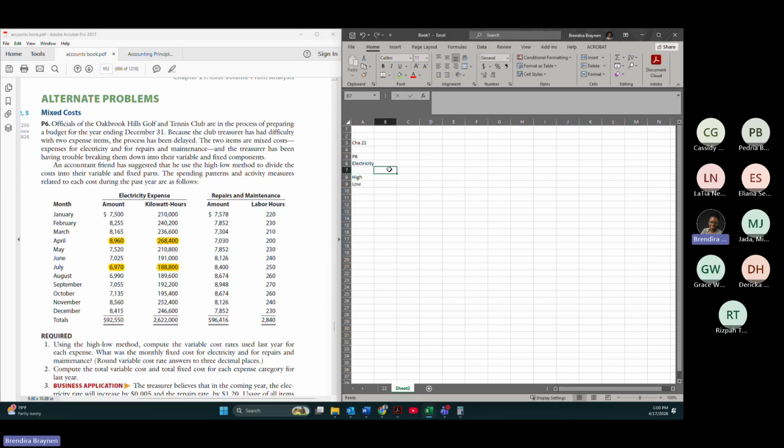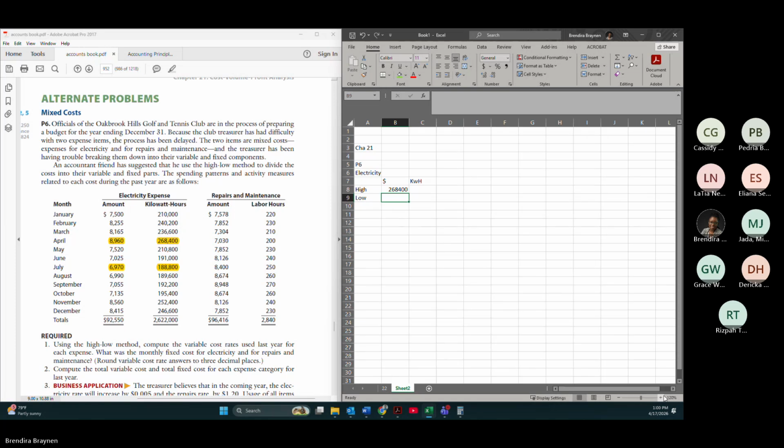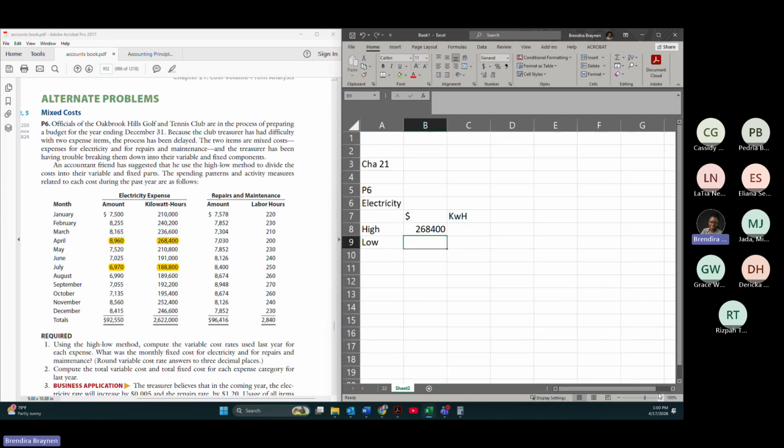So my high in terms of dollars and then in terms of kilowatt hours. My high in terms of dollars is 268,400, and the kilowatt hours is 8,960.